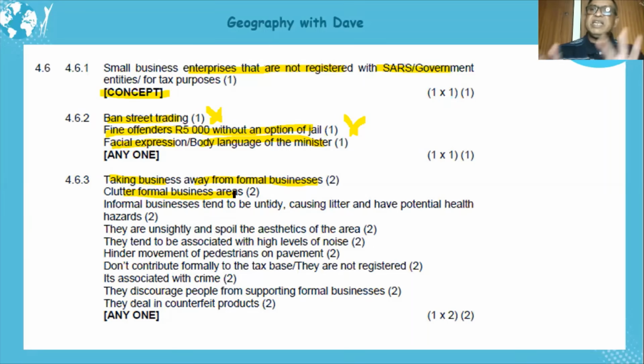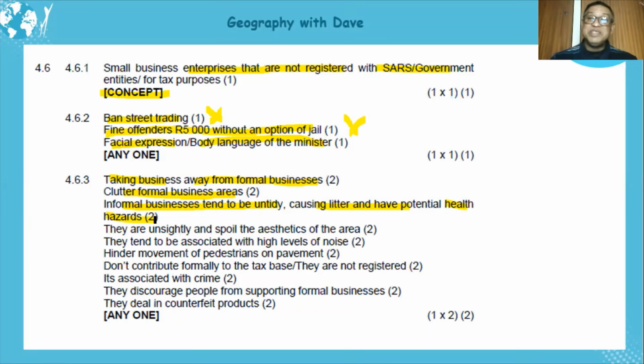Don't think that it's a bad thing of informal trade, but maybe I shouldn't use the word impression. People don't go into the formal business because they're all there and they're more attracted to these business people that are informal. Informal businesses tend to be untidy, causing litter and potential for health hazards. We discussed that already.